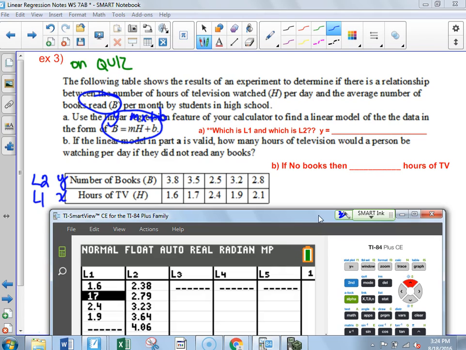I think my decimal point key doesn't stick on my calculator. Yep, see there again, decimal didn't work. Probably have food underneath the button or something. This calculator is very old. 3.8, 3.5.